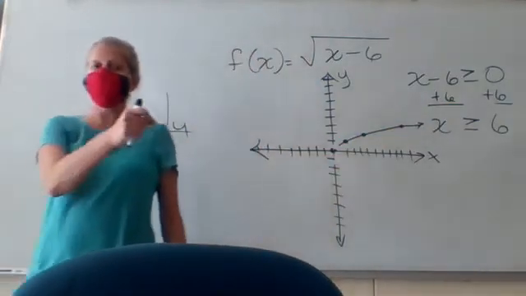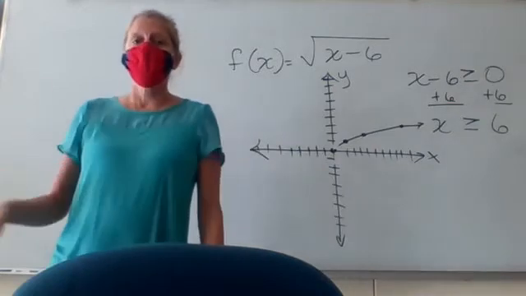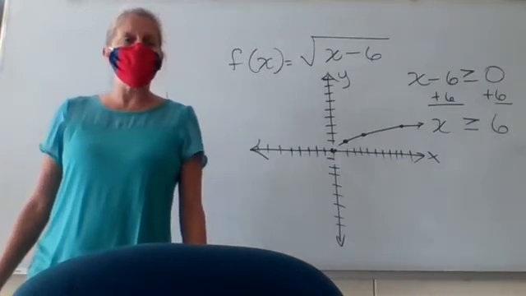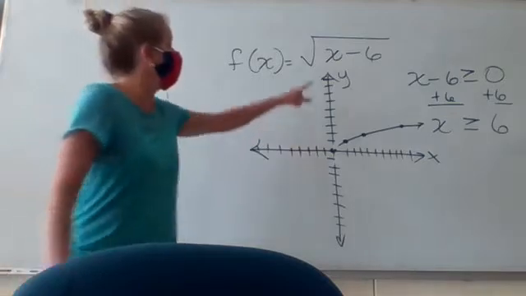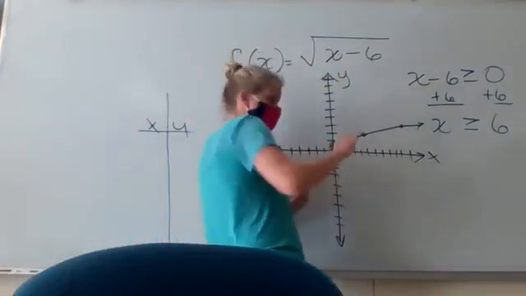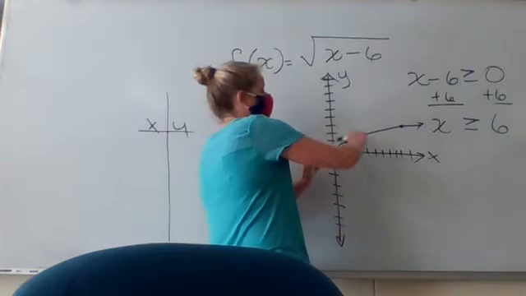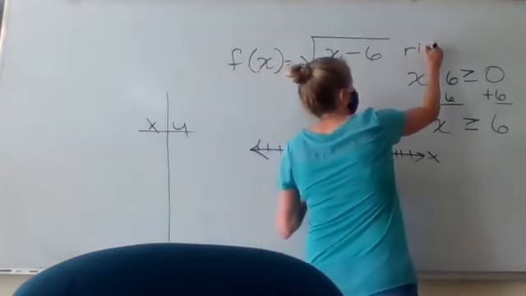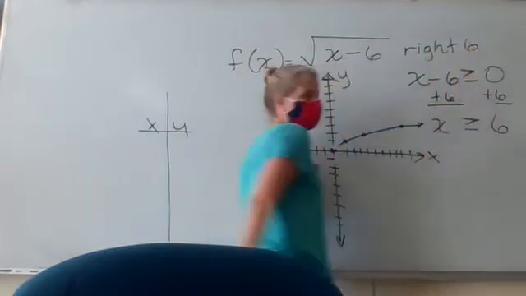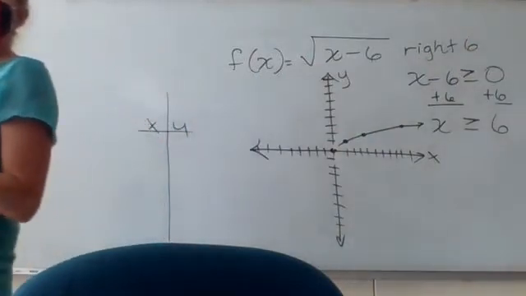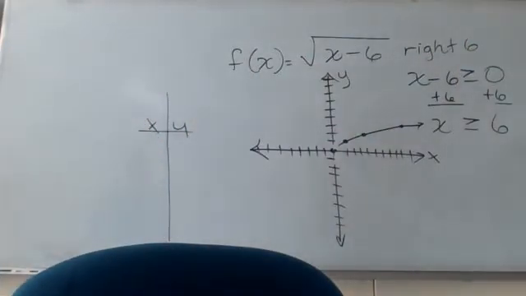Inside numbers transform you left and right, but you go opposite the way the sign is telling you. So this minus 6, when I look at this in my numbers, it should move the graph to the right 6. That's what the transformation rule says. Inside numbers move you left and right, but a minus actually moves you to the right.